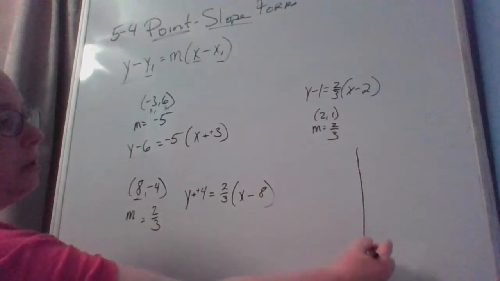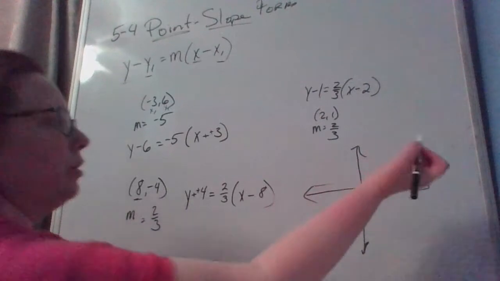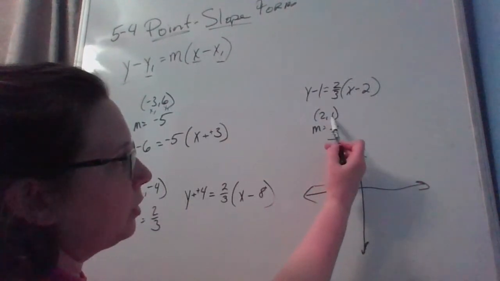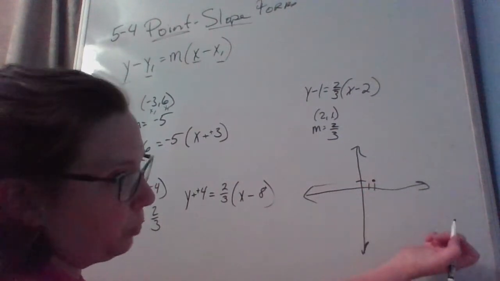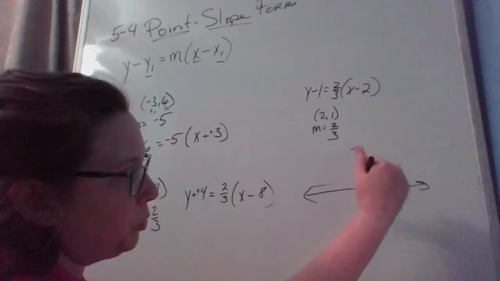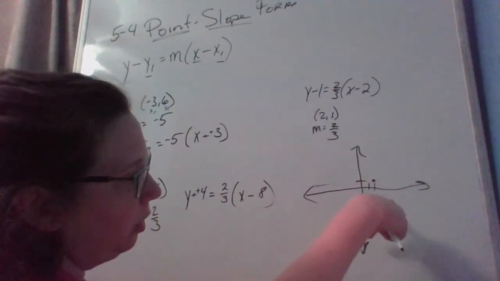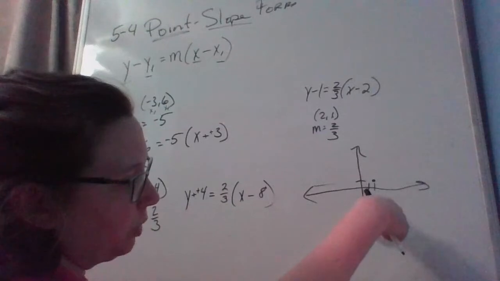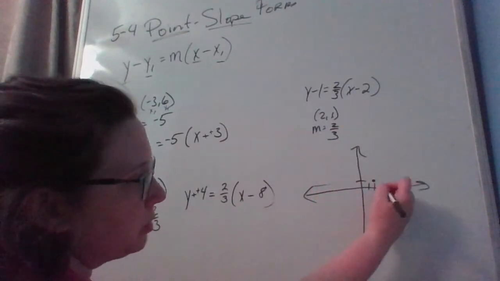When you do this, you're asked to graph. You're going to this point that we're given, 2, 1. So you're going over 2, up 1, and that's your first point. Just like in the last section, once you found your first point, which in the last section we were on the y-axis for that first point, then you're going to use your slope to figure out where your next point is.